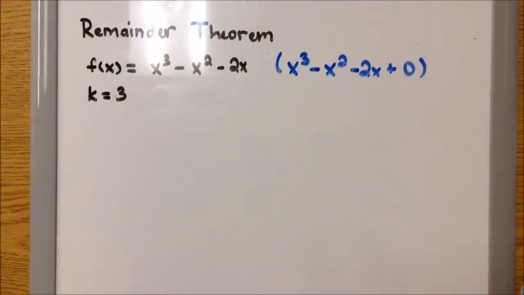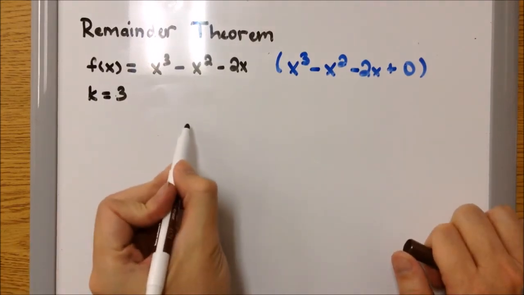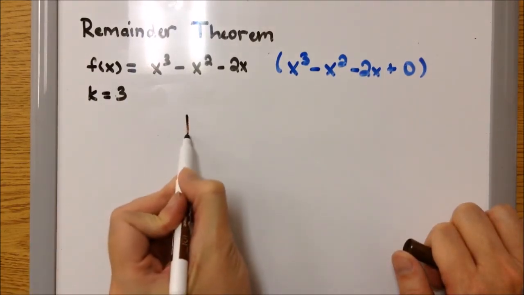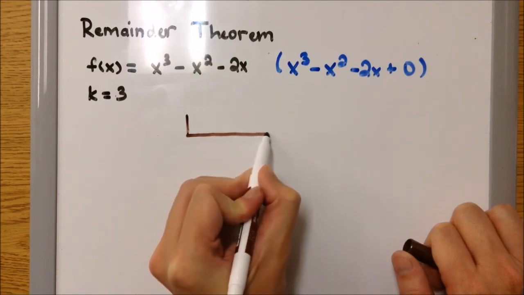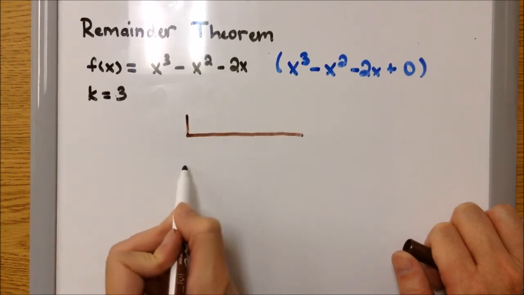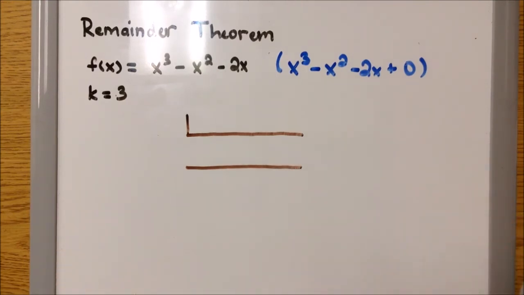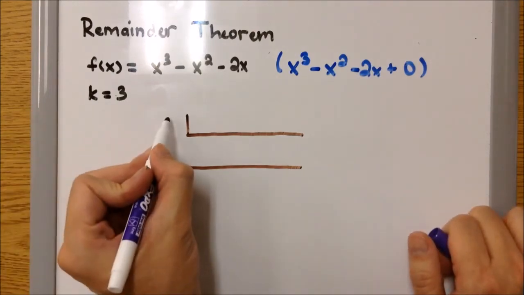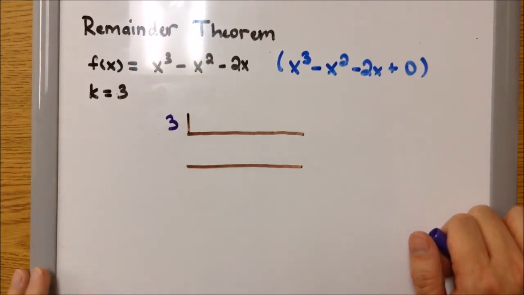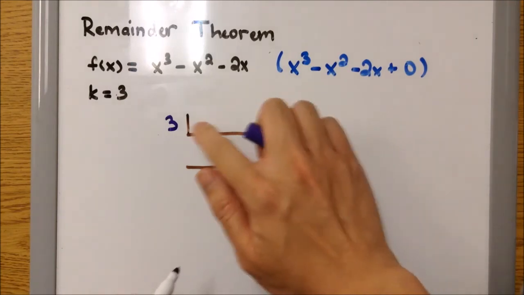Now we can start off with our synthetic division. And here, k equals 3, that's our 0. Draw the L table. So that 3 will go out here. And our first numbers, the coefficients.